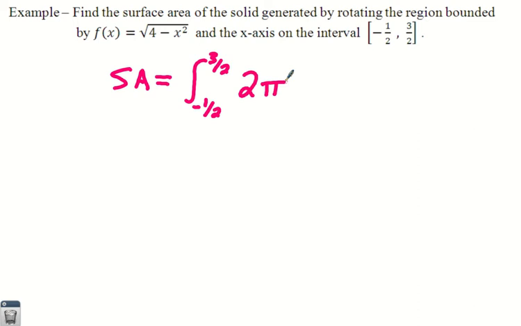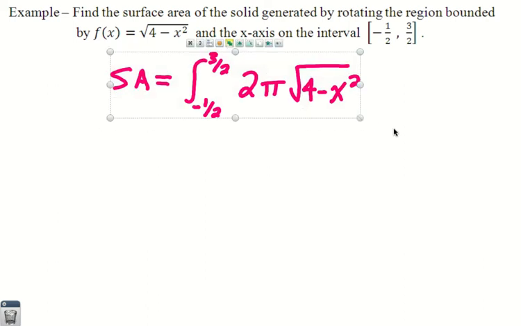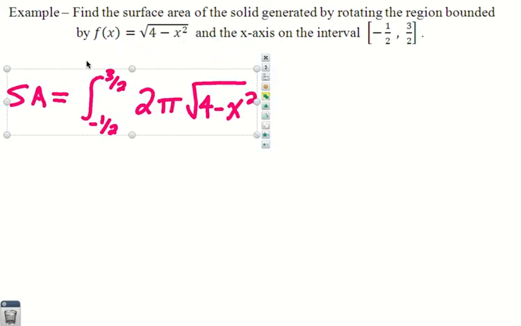We have an f of x, which is just this. Oh man, I sense the risk of running out of room. Hopefully you're not in the same boat. So I'm going to move that over. So there's my f of x.